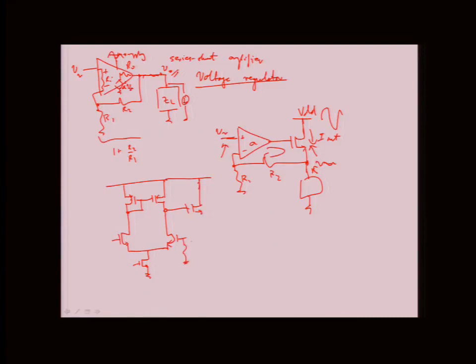And then to tie the feedback, something like this. Now, of course, the load will be attached to this point over here. In this case, this will be VR, this will be V out, and this is VDD.